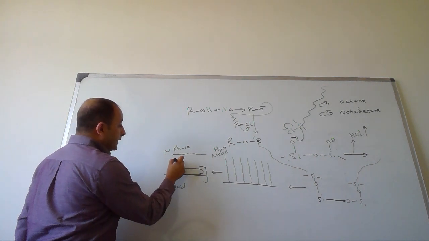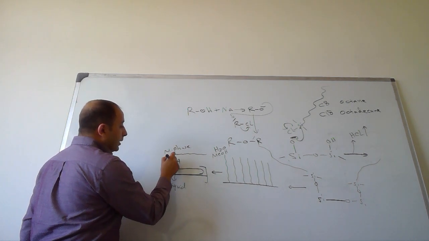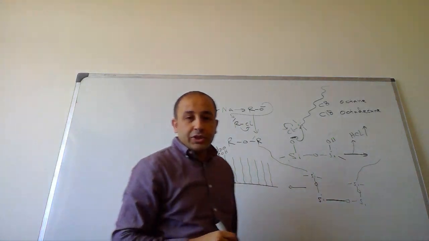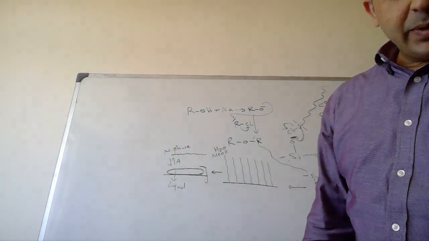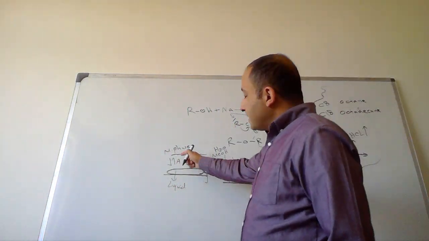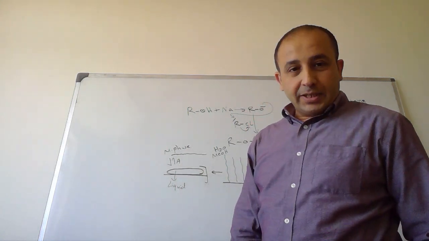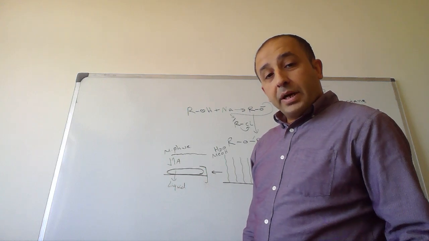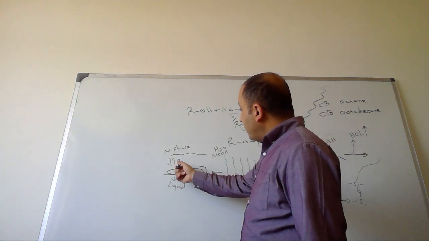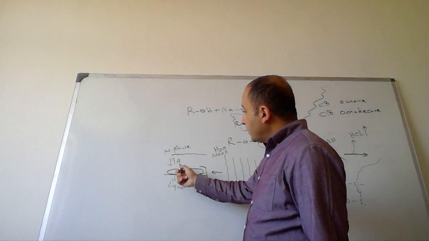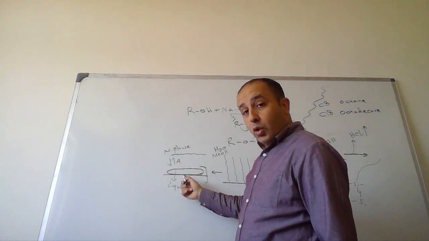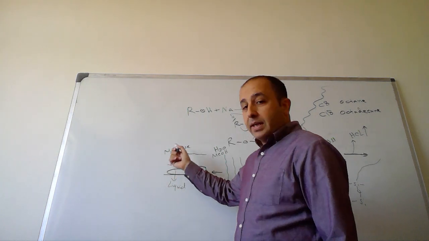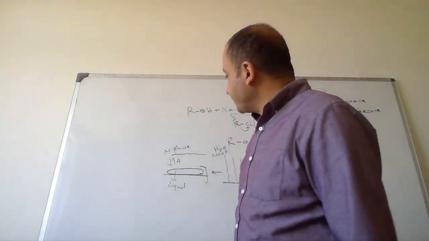The compound, the analyte, will partition between these two fluids. Now this mechanism is partitioning, and according to the partitioning coefficient, the molecule may prefer to stay longer in the organic layer or stay longer in the aqueous layer.